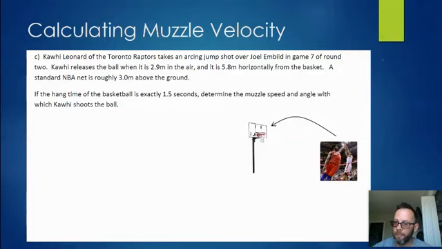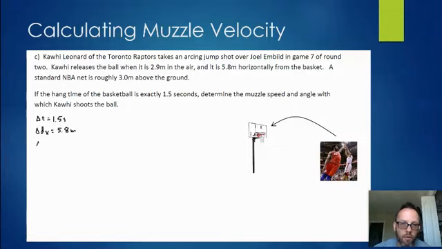So what are the things we're given in this question? Obviously we have the time of flight, 1.5 seconds. We also know delta dx. We know that the ball traveled 5.8 meters horizontally while it was in the air.